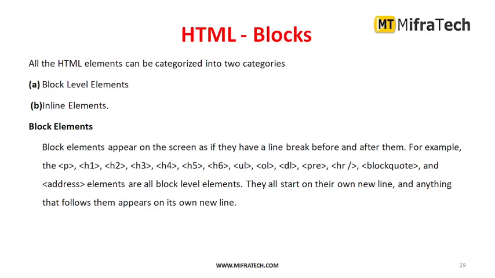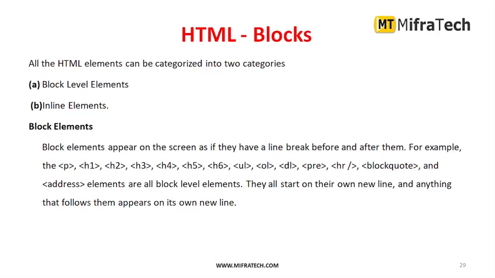Next, HTML blocks. In HTML blocks, we are divided into two: block level elements and inline elements. Block elements appear on the screen as if they have a line break before and after them. We have discussed the break element.